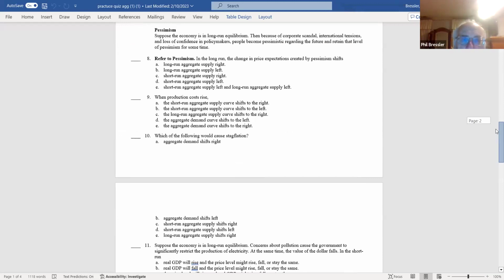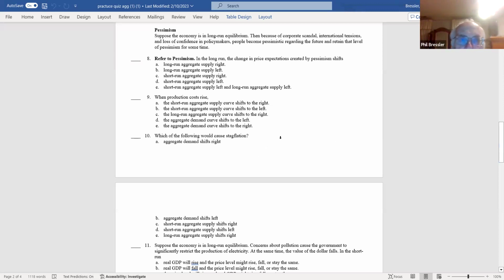Okay, so that would be 9. That'd be 9A, short run aggregate supply curve. I'm looking at the wrong one. That would be 8C, right? Short run aggregate supply curve shifts right.